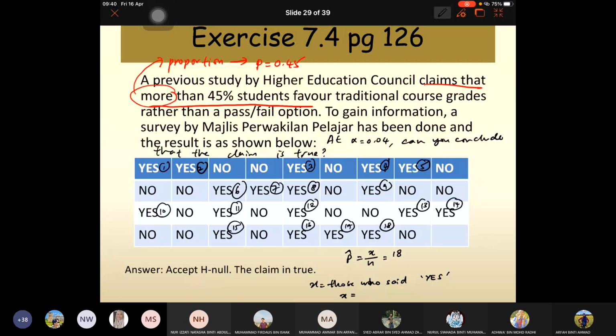Okay. So yang jawab yes ada 18. N sama dengan berapa? 35. Total data. 35. Okay, betul. So P hat sama dengan 18 per 35. Okay. So dapat berapa P hat?